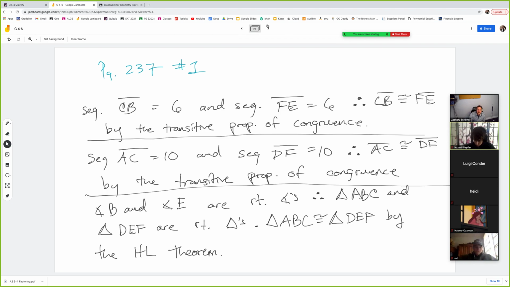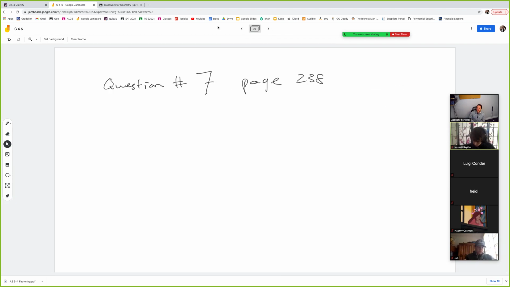Question 7 on page 238. You can go ahead and do it now, or you can do it later, okay? I'm going to upload the assignment. Remember, if you haven't taken your quiz, you need to go ahead and do so. We will be taking a quiz at the start of class tomorrow based on these 2 theorems, the hypotenuse-leg theorem and isosceles triangle theorems. Okay, we'll take a quiz on them tomorrow.